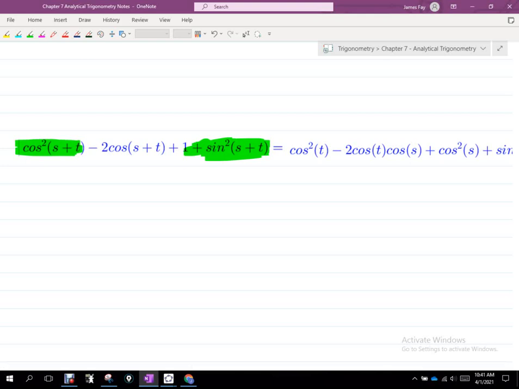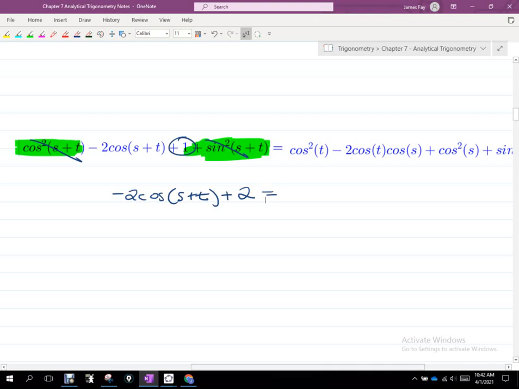So maybe it's 75. So if I had cosine squared of 75 plus sine squared of 75, what would that ultimately be? Amari? It's going to be 1, right? Does that make sense to everybody? That goes to 1. And then I'm left with negative 2 cosine of s plus t, plus that one plus the one that came from that identity, so I get a total of 2, right?